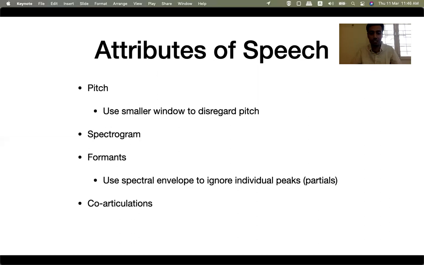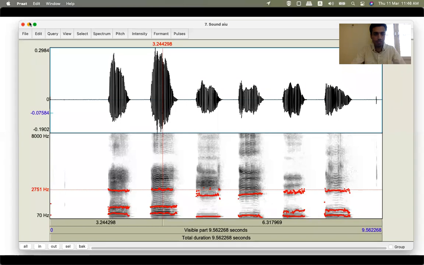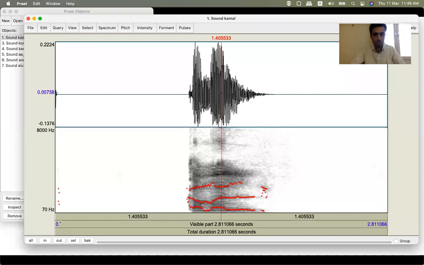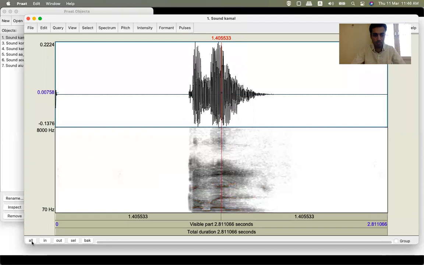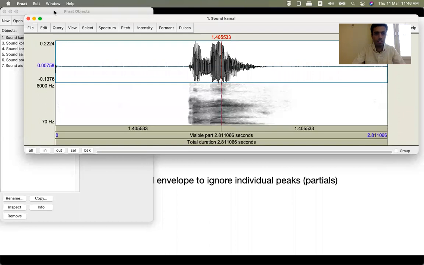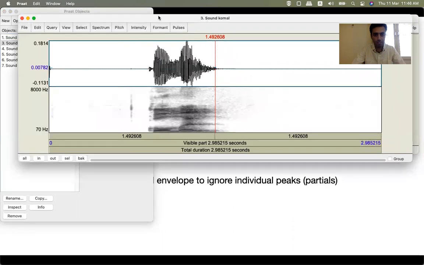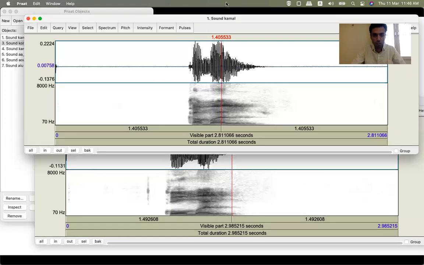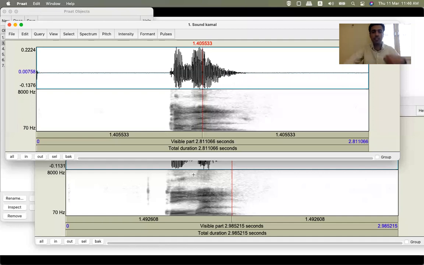What is co-articulation? So let's go back to our recordings. Let us look at two sounds, Kamal and Komal. Now what you find here is the same k sound.